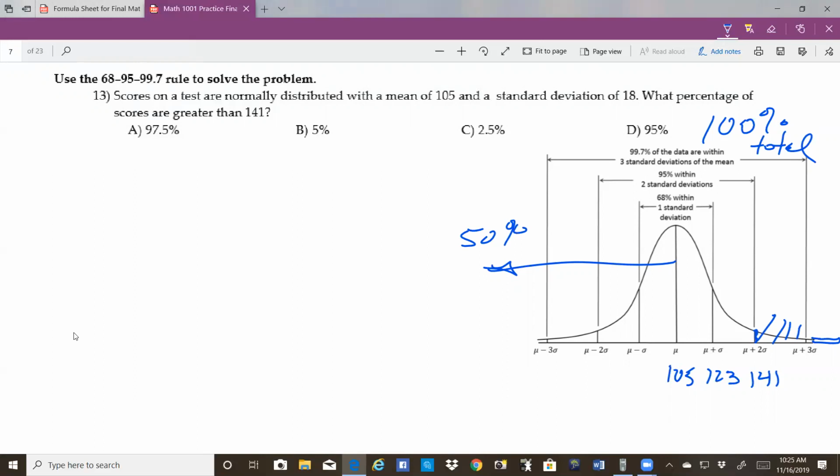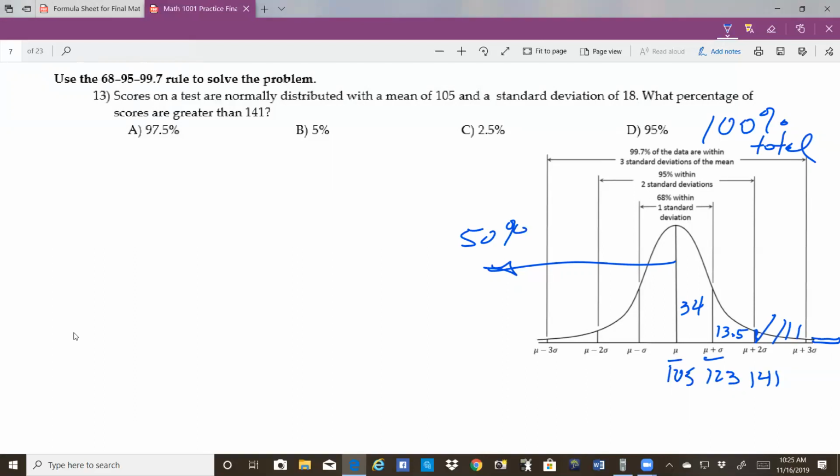There would be 34% between the mean and one standard deviation. And there would be 13.5% between one standard deviation and two standard deviations.